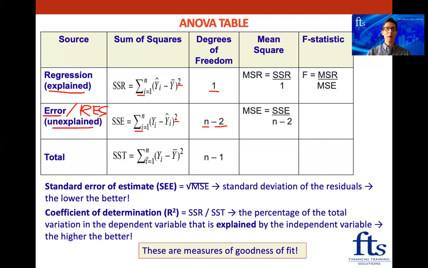Okay, now the sum of squares total is just the sum of these two. So the SSR plus our SSE is equal to our sum of squares total, or total sum of squares. So these columns sum vertically. So what is our total sum of squares? It is the sum of the squared differences between our actual y values and the mean of y.